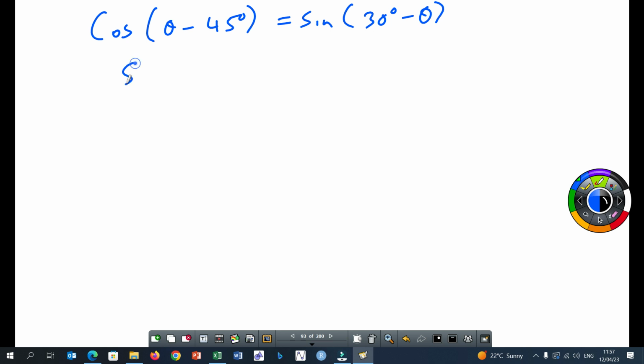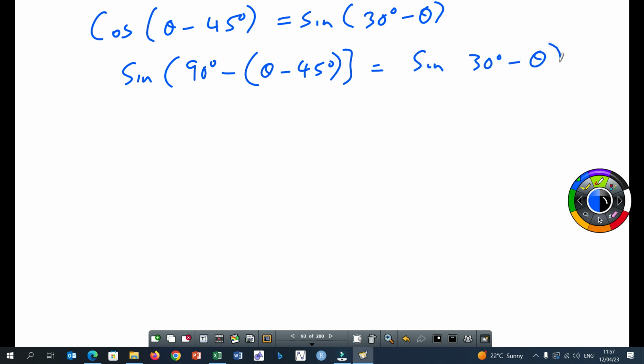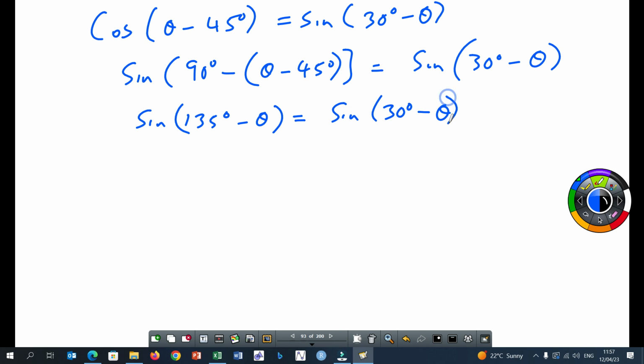So this will become sine of 90 degrees minus theta minus 45 is equal to sine of 30 minus theta. This is so easy. So you get sine of 135 minus theta is equal to sine of 30 minus theta.